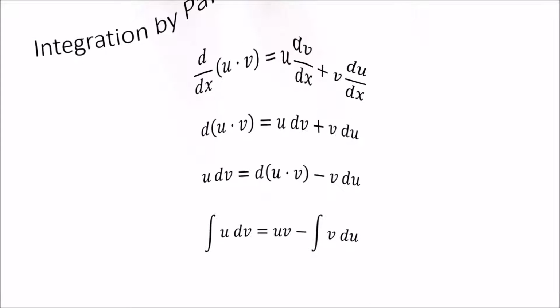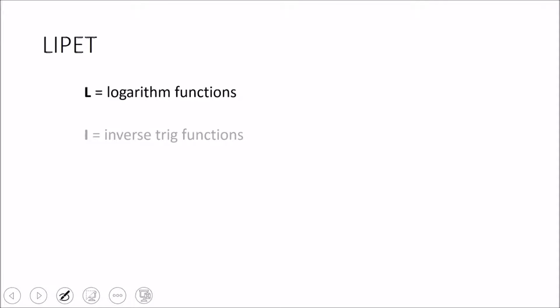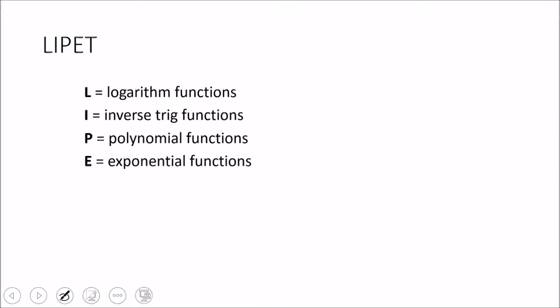And now we can go back to our original problem. This integral, if we use the formula, needs to be separated into a u and a dv. But which part is which? Well, thankfully, there's an easy way to remember. So think about this acronym. It's just LIPET, L-I-P-E-T. L is logarithm, I is inverse trig, P is polynomial, E is exponential, and lastly, T is trig.